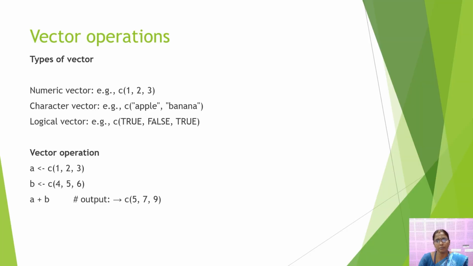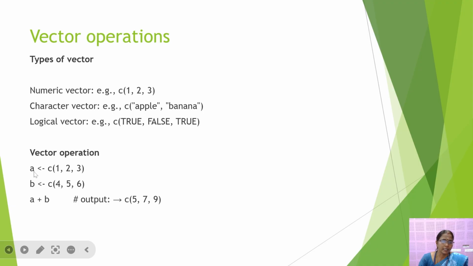Numeric vector means all the elements are numeric type. Character vector means all the elements are strings. Logical vector means all the elements are Boolean types, that is true or false.